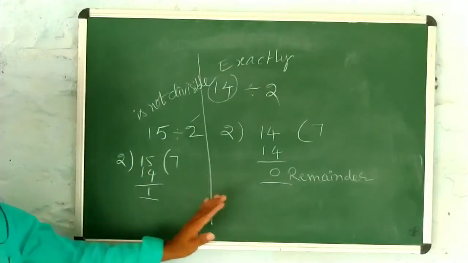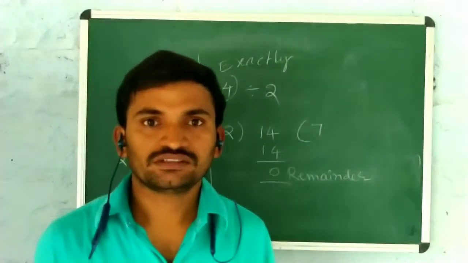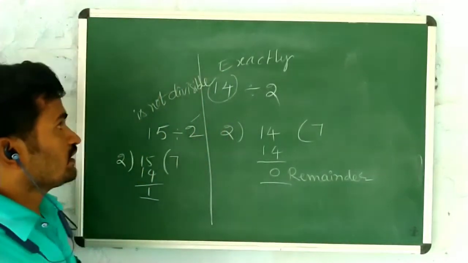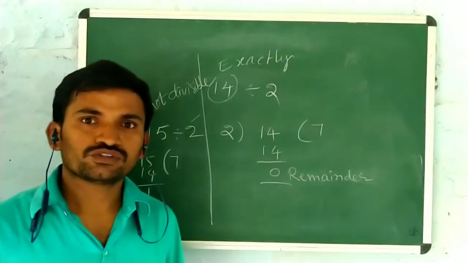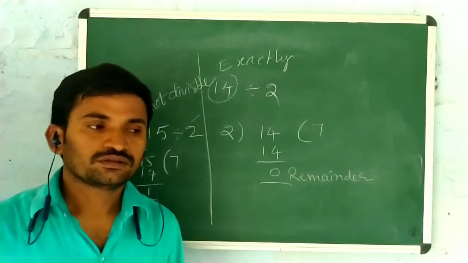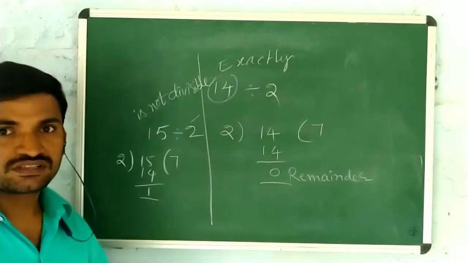Okay, so these are the divisions. We learnt about it in lower classes, up to 5th class. Then what are divisibility rules? Why are we using divisibility rules? See, these are simple problems, simple divisions.